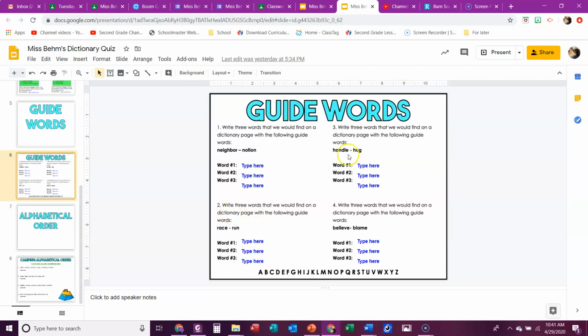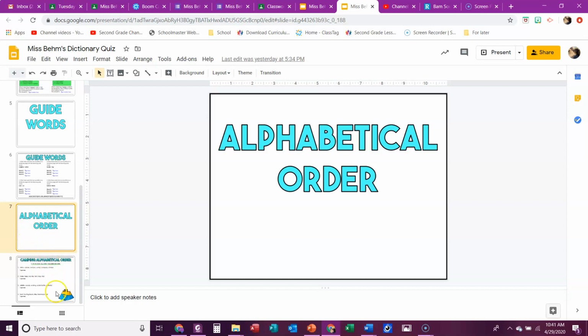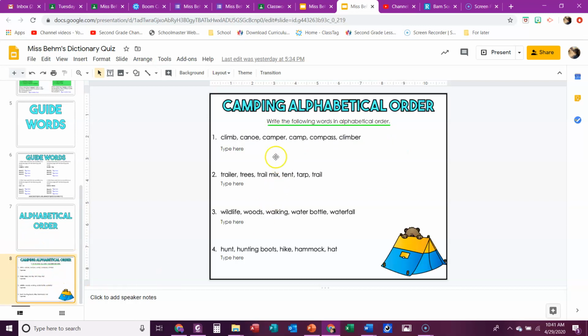Same thing for handle and hug, race, run, believe, blame. You can use a dictionary to help you for this one. Alphabetical order is the last part. You are going to use these words to write them in alphabetical order down here. So just go ahead and type the words in alphabetical order. Make sure that you're typing them correctly, because the spelling's right there. I hope this helps. Do your best.